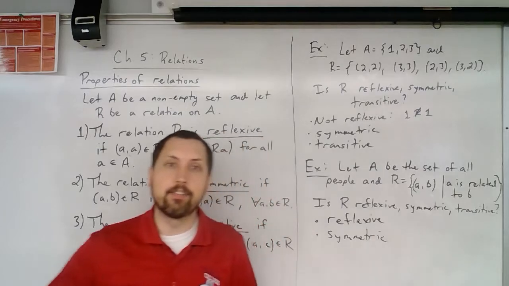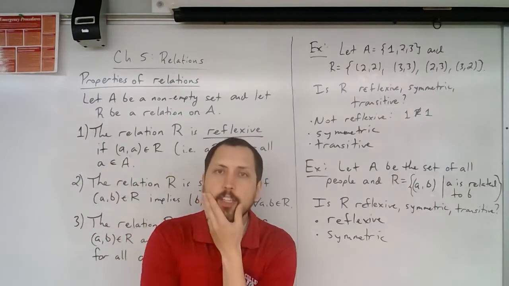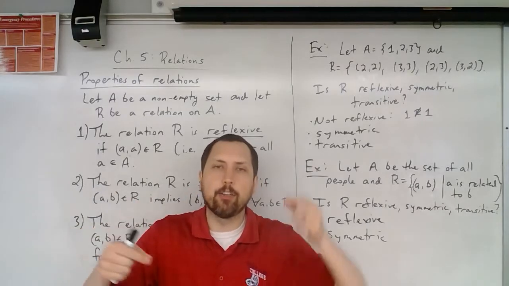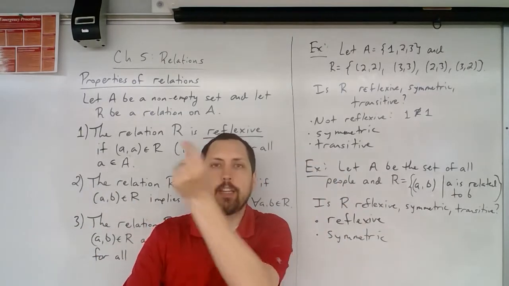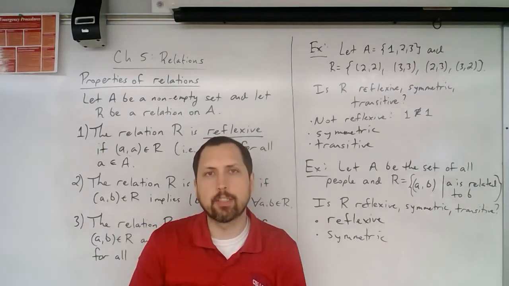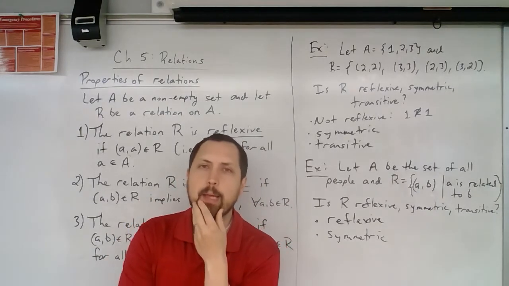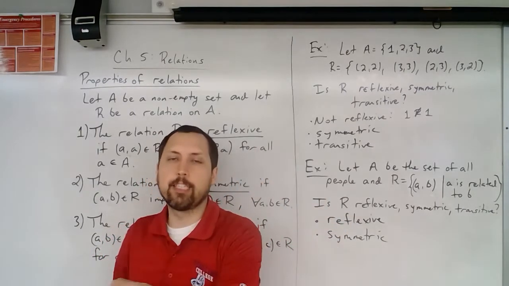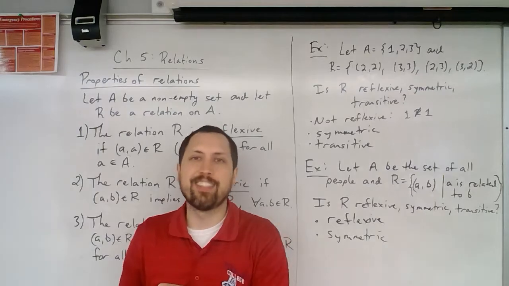Then transitive. Again, start to think through what it means to be transitive. You create this line of one person is related to this person, who is related to this person, so is the first person related to the last? Start to think through some examples. Maybe I am related to my brother, who is related to my sister. Am I related to my sister?